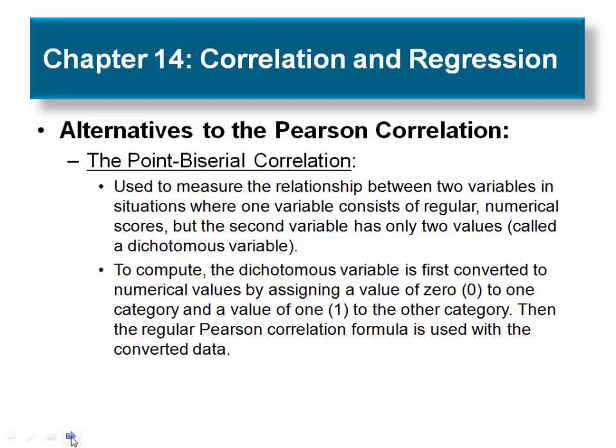Examples of a dichotomous scale might be true-false, or yes-no questions, or male-female. An example of a dichotomous scale could also be a multiple-choice question, because you have one correct answer and all the other answers are incorrect.